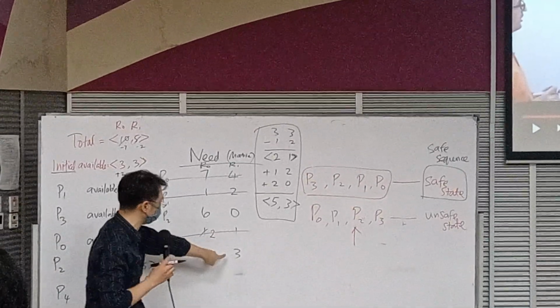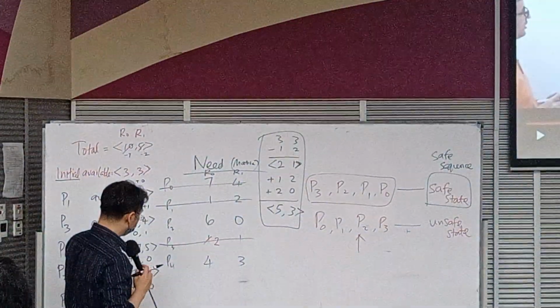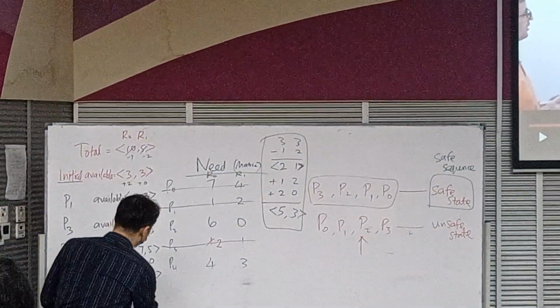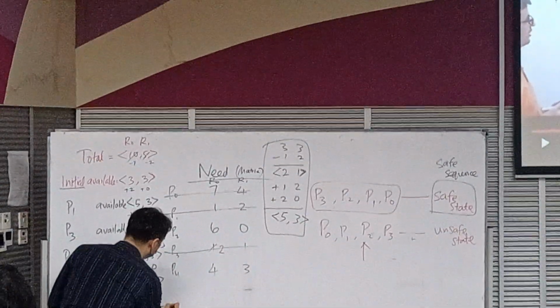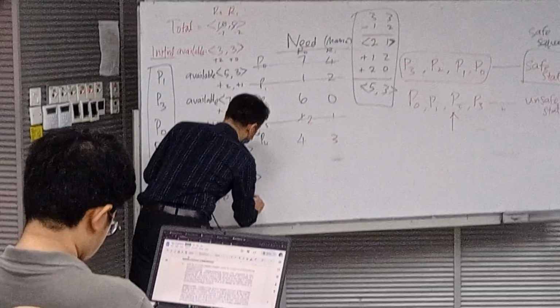It acquired P3 immediately from here, enough. And then finally it returns 0.0. You get back 10.5. So you find out that this is the sequence where it is safe sequence or safe state.